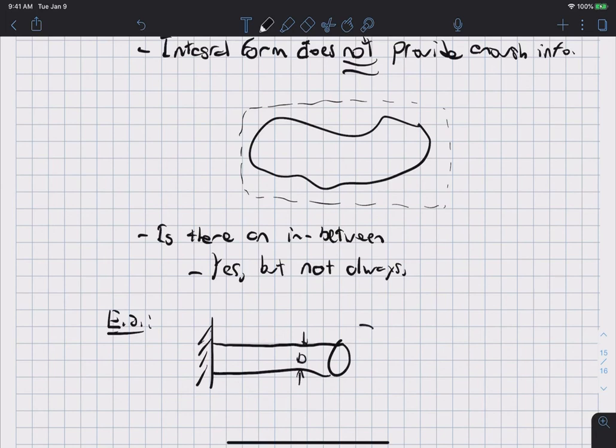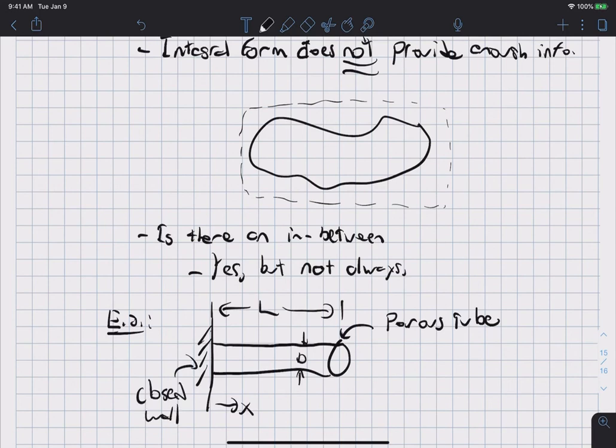And this tube is porous, and it's of length L, and we're defining x from the closed wall. Say it could be like a piece of drainage pipe in your yard or something like that.